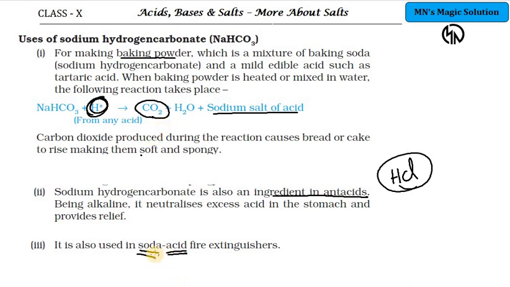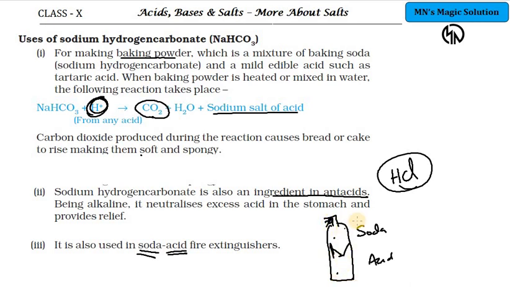Correct? In the soda acid extinguisher, it will be some kind of a can with two layers. In one layer you will have soda and in the other layer you will have acid. When we open it, this partition breaks and the soda mixes with the acid, and thereby the liberated carbon dioxide comes out of the tin can. It is not that the fire extinguisher is filled with carbon dioxide.